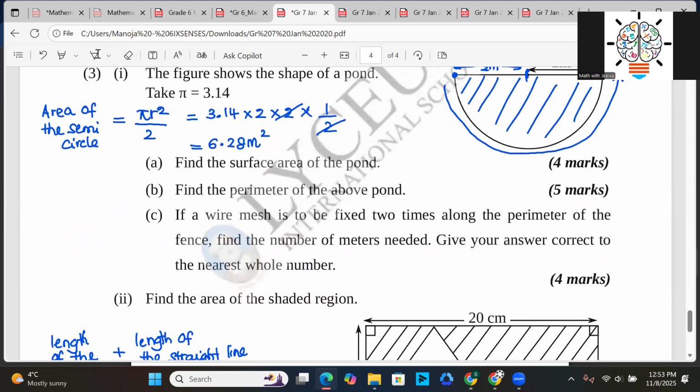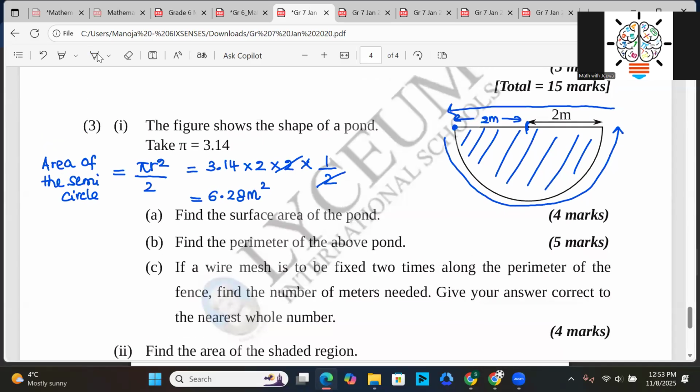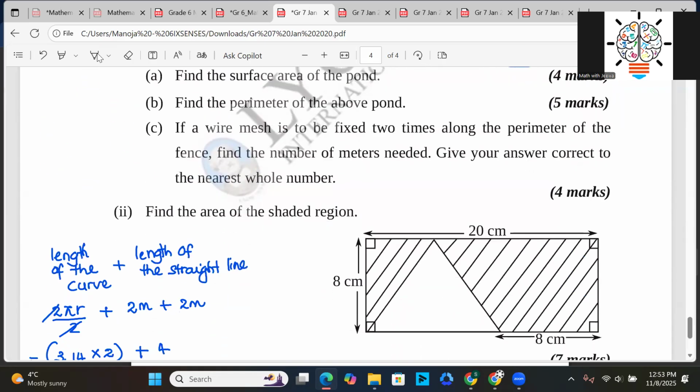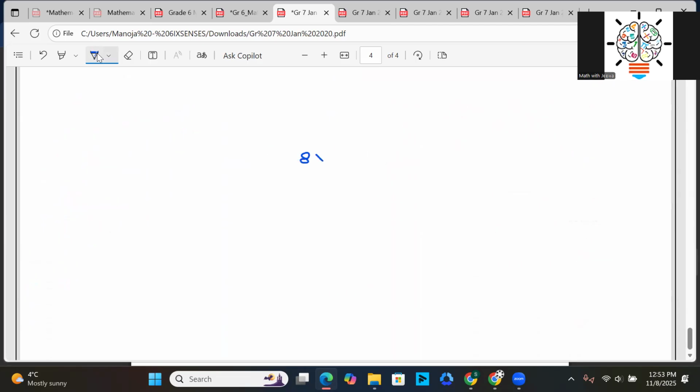You get the curve part and you get the straight line. If a wire mesh is to be fixed 2 times along the perimeter, if I go one round, the length is 10.28, no, children. And if you want to go 2 times, so what will be the length? So then the 10.28, you multiply by 2.